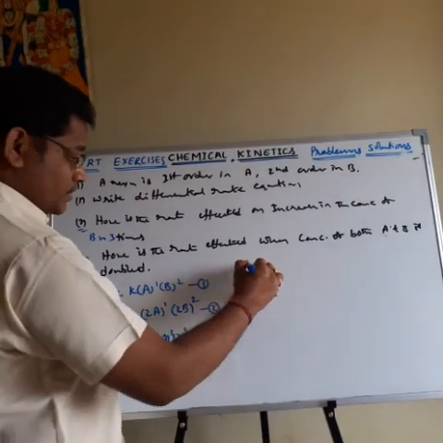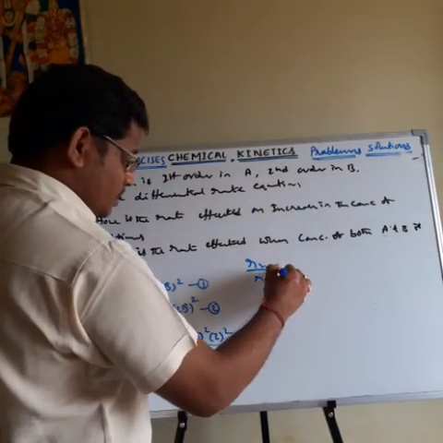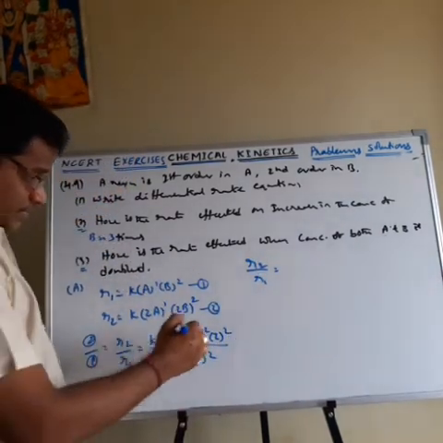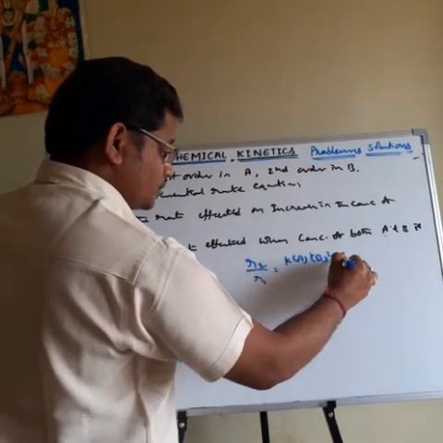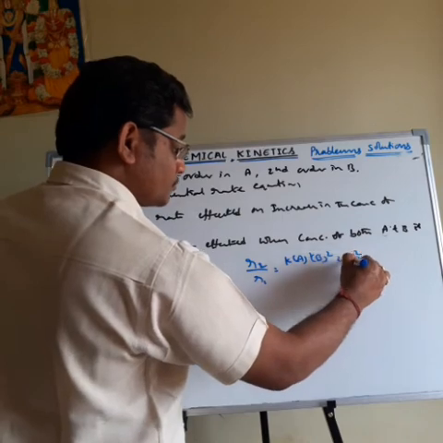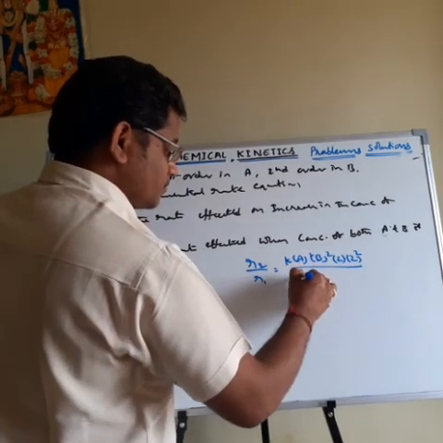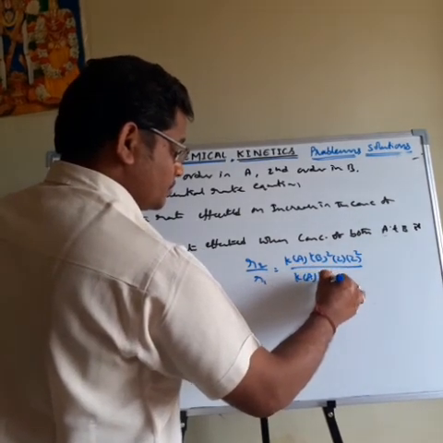Therefore R2 divided by R1 is equal to k into A power 1 B power 2 into 2 into 2 power 2, divided by k into A power 1 B power 2.